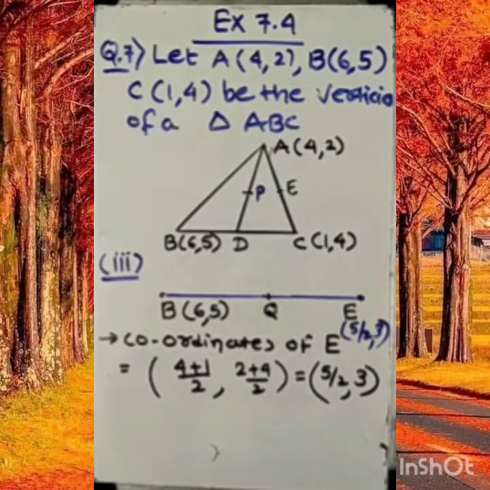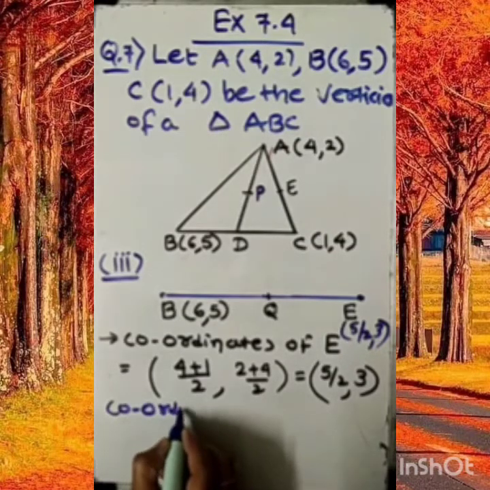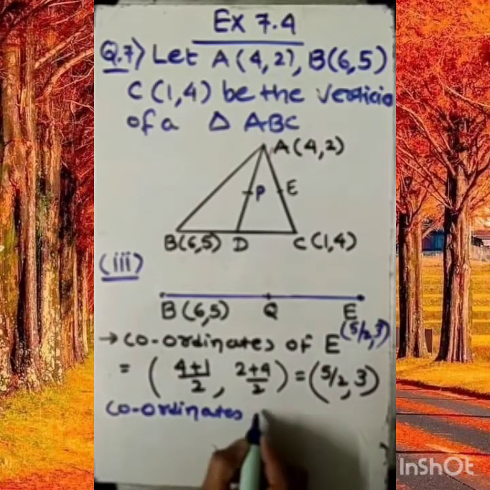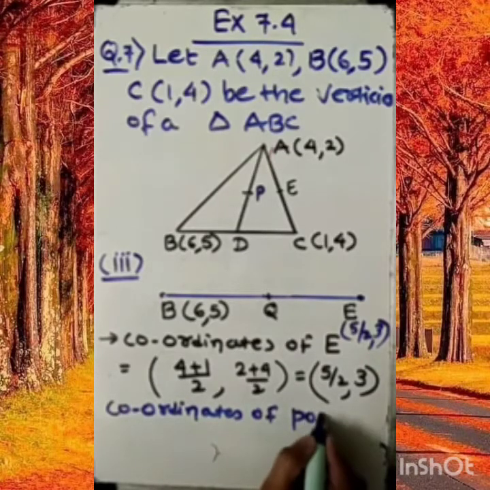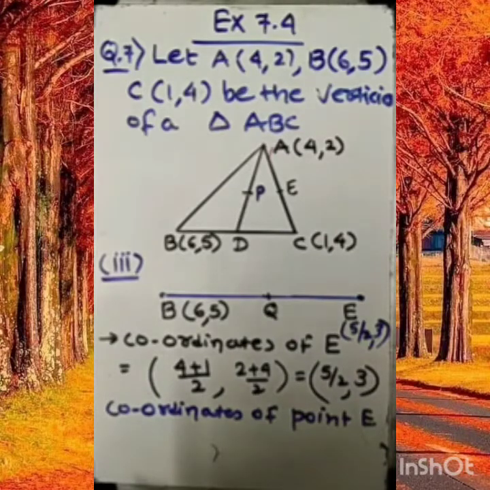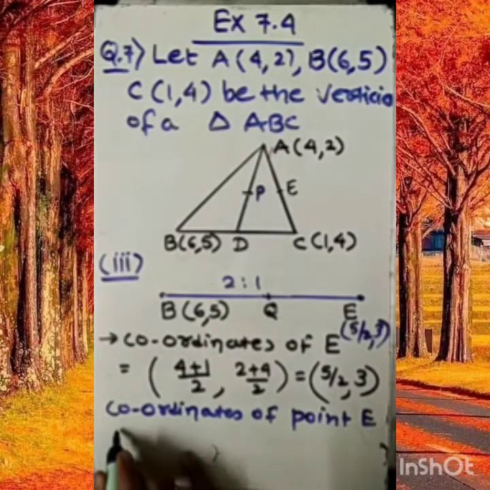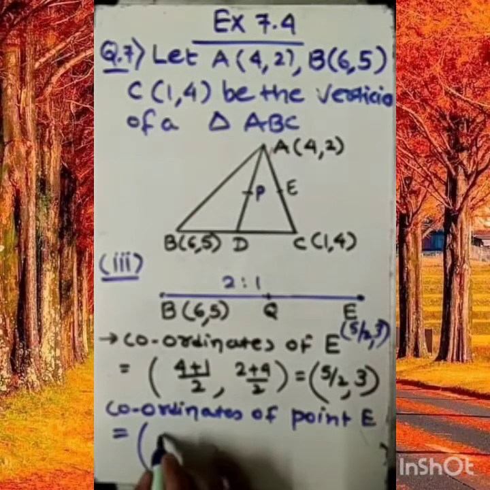Okay, so let's start. We need to find the coordinates of point Q on BE, and the ratio is also given. What is the ratio, dear student? It is 2:1. The ratio is similar to what we did previously. So let's apply the section formula here first.